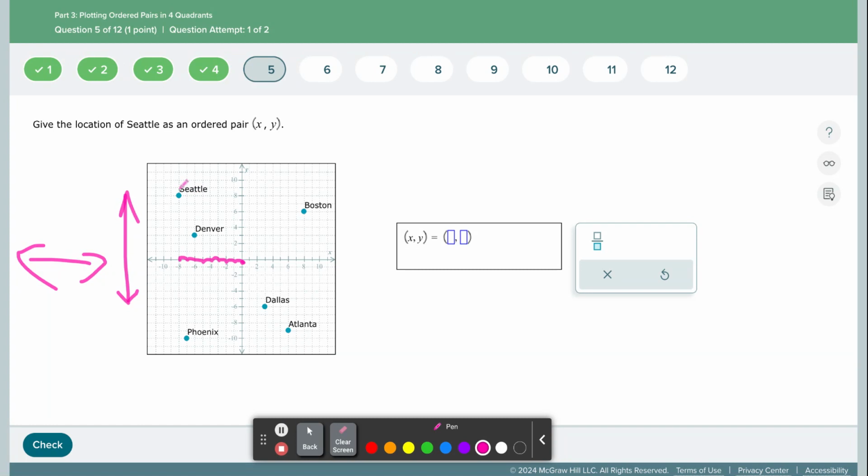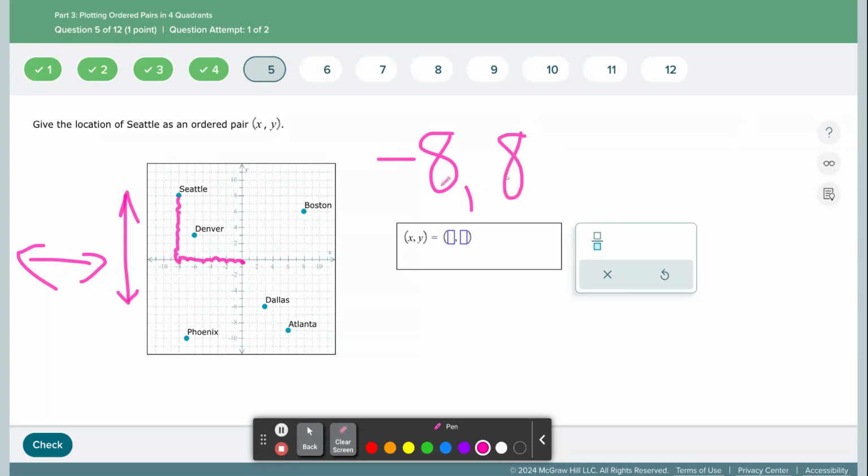Am I going up or am I going down? I'm going up, right? So I'm going to count 1, 2, 3, 4, 5, 6, 7, 8, right? So if I restate this, I went back 8, and then I went up 8.